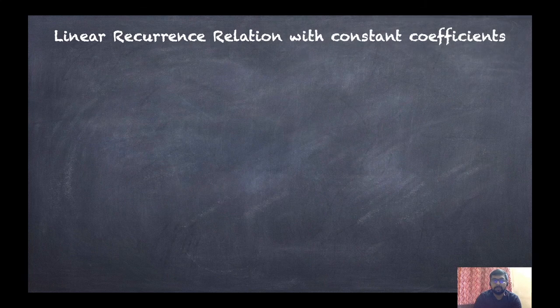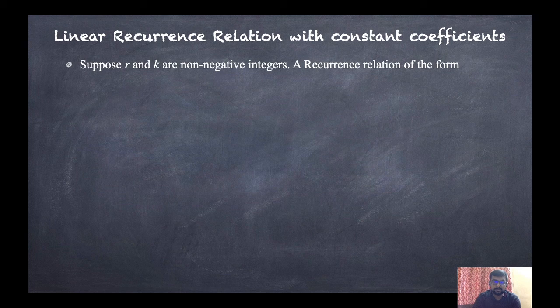Now, what is a linear recurrence relation with constant coefficients? Suppose r and k are non-negative integers.